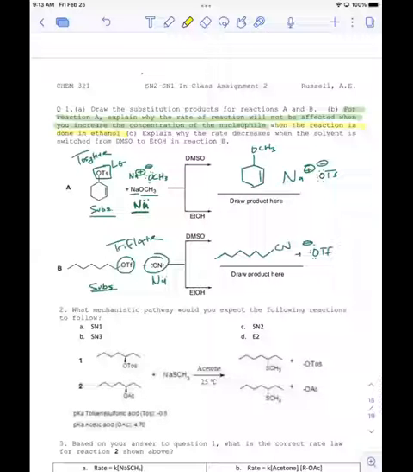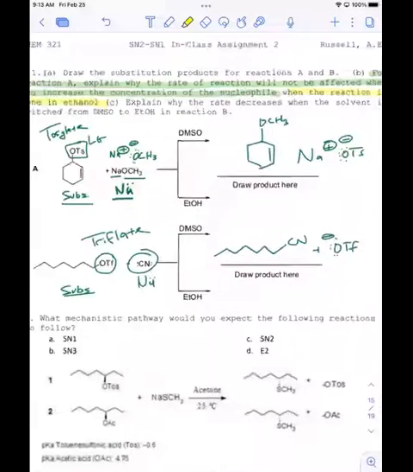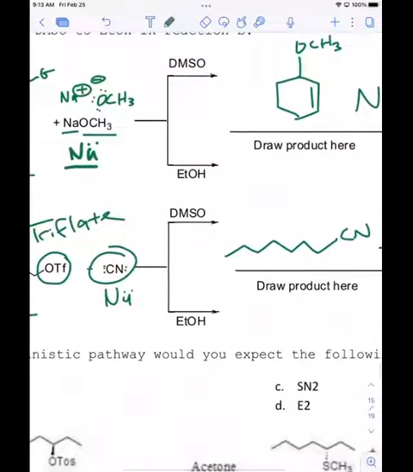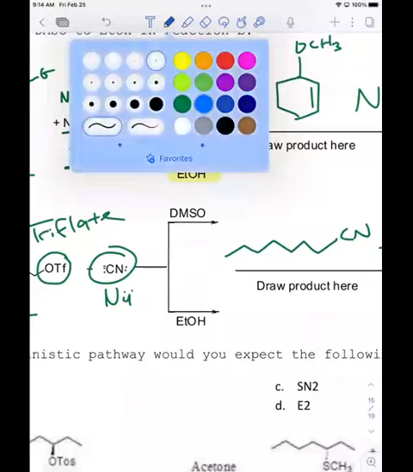Is it because the nucleophile doesn't affect the rate, like it's not in the rate law or something? Okay, so that's good. So what mechanism, if I'm doing this in ethanol, is ethanol protic or aprotic? It's protic. Protic, good.